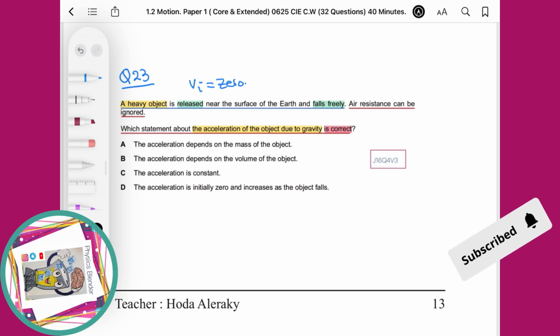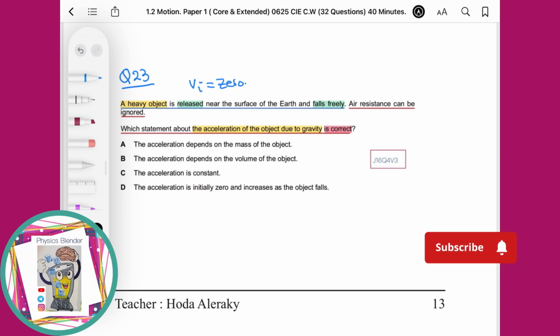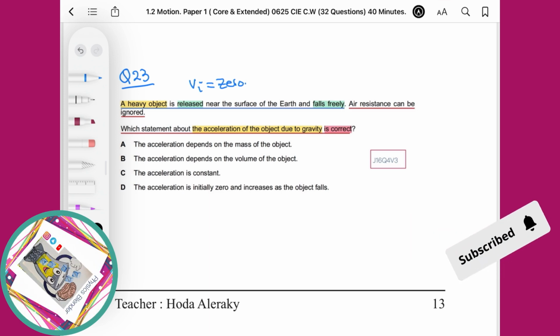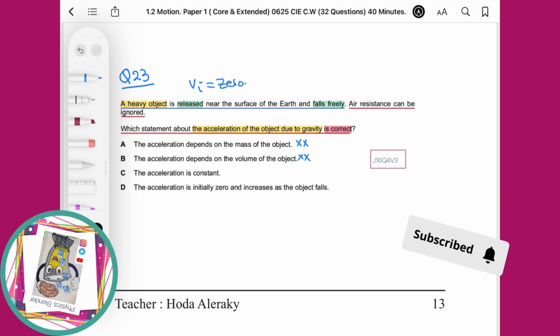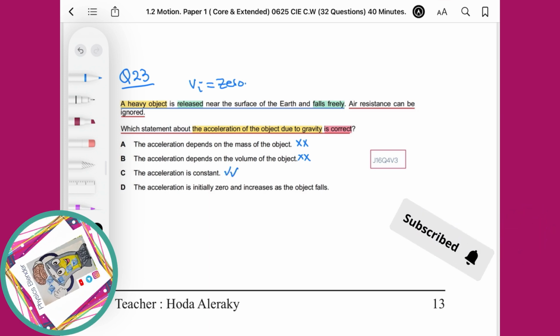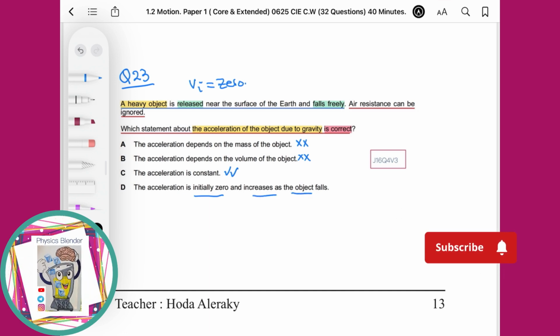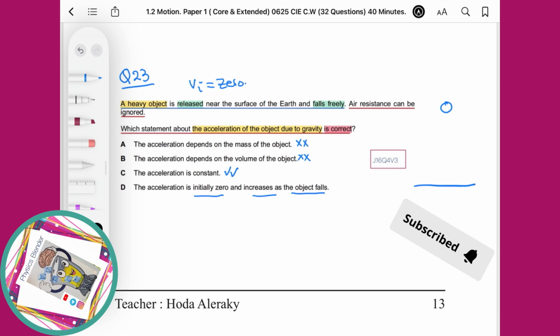Number 1, the first option, the acceleration depends on the mass of the object. No, it doesn't depend on mass. It doesn't depend on volume. Acceleration is constant. Yes. Acceleration is initially 0 and increases as the object falls. This is a common mistake.